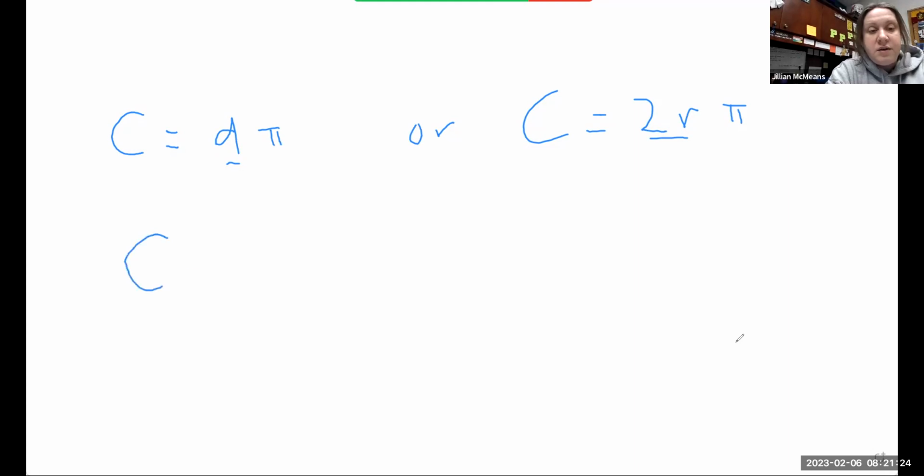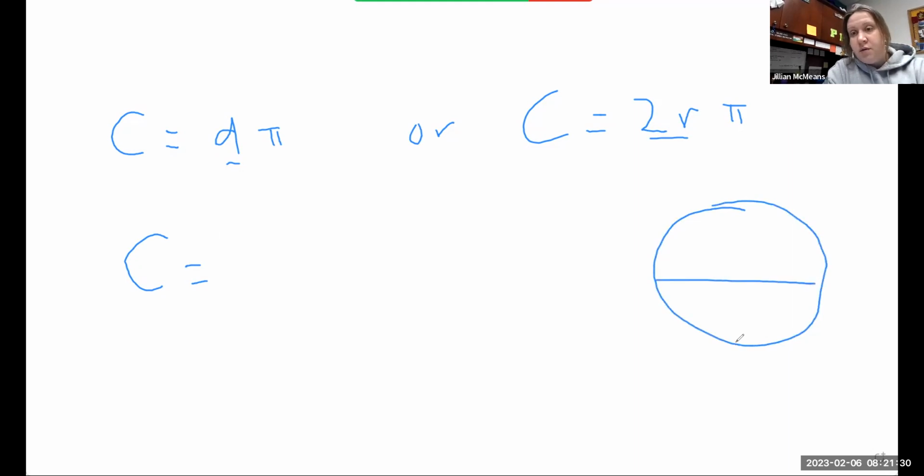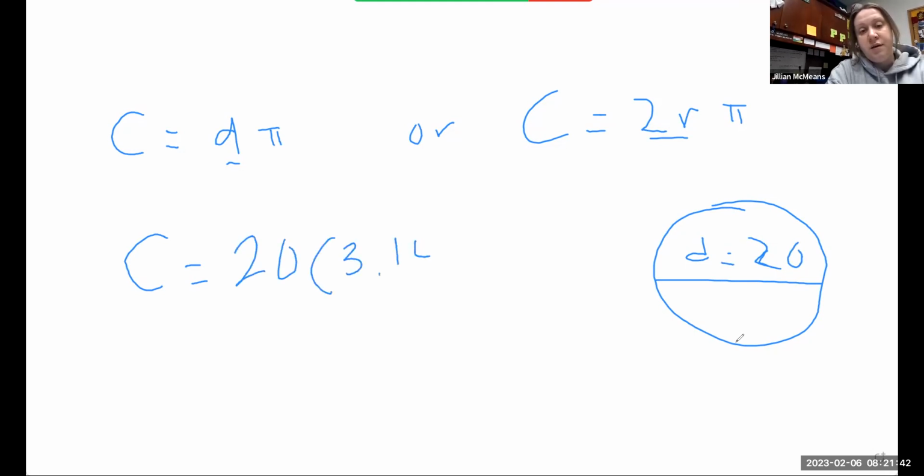So we needed to find the circumference of a circle. Pretend that's a circle, okay? Where the diameter is 20. So we're going to take 20, and we're going to use 3.14 for pi.